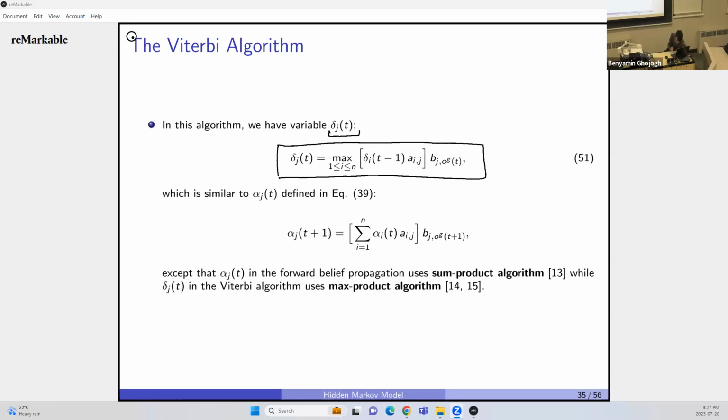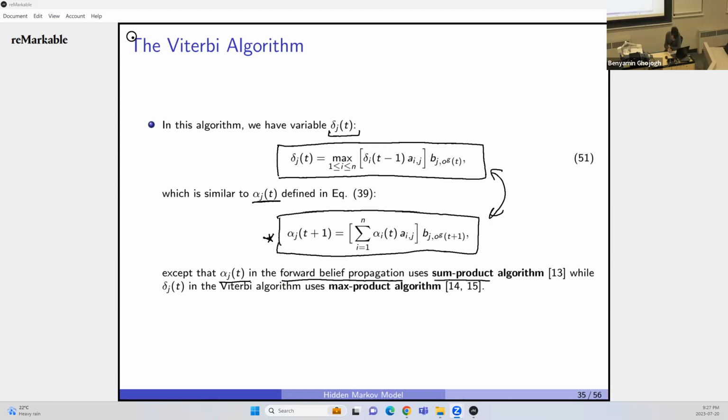Which is similar to alpha_j. Do you remember alpha_j in equation 39? We found it, and I'm repeating it here. Compare these two; they are very similar, except that alpha_j(t) in the forward belief propagation uses the sum-product algorithm. Do you see?